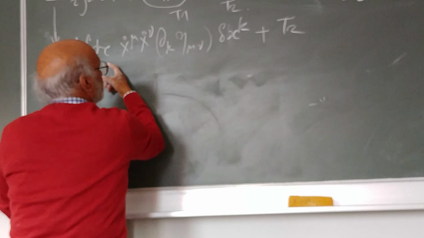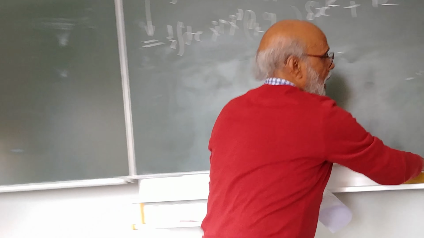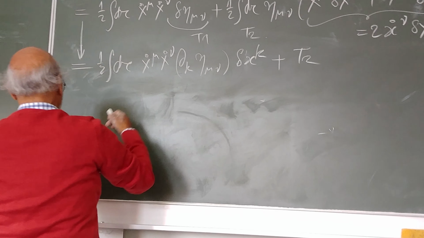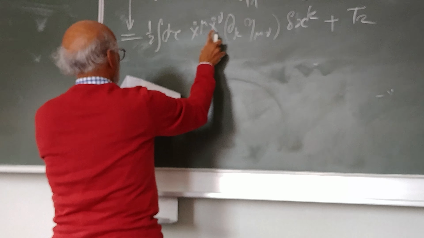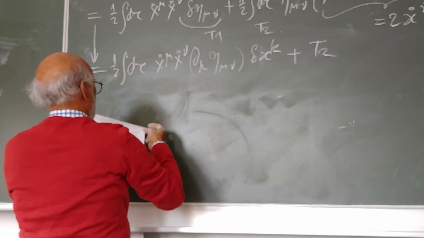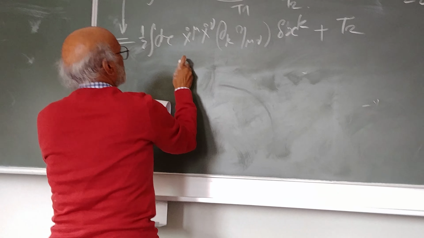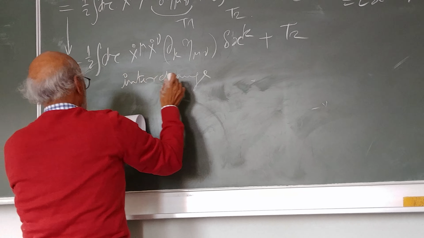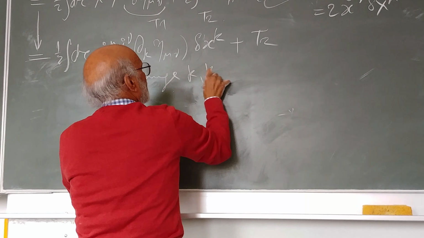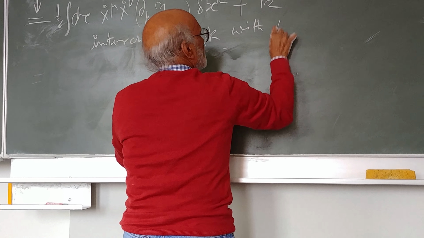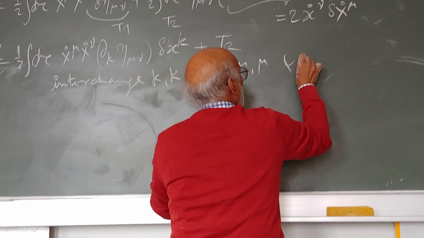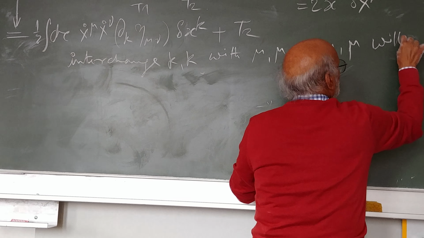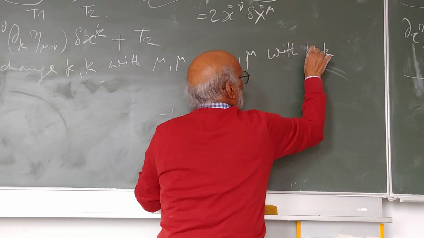Now in this term, x mu dot this, I want to interchange k with mu and mu with k.